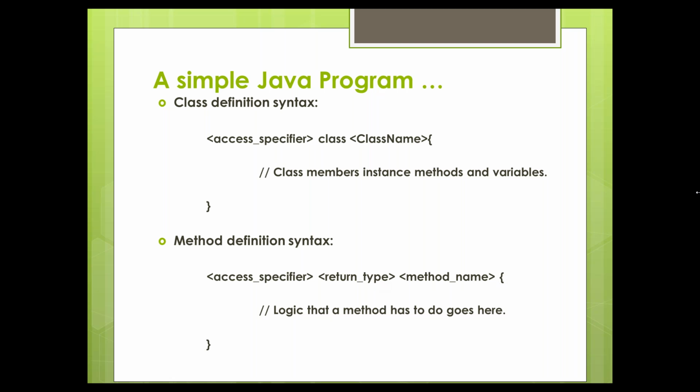After the parenthesis, whatever logic you want to implement in that method, you write in a flower bracket. You open a flower bracket and close it, and all the logic goes within that flower bracket.